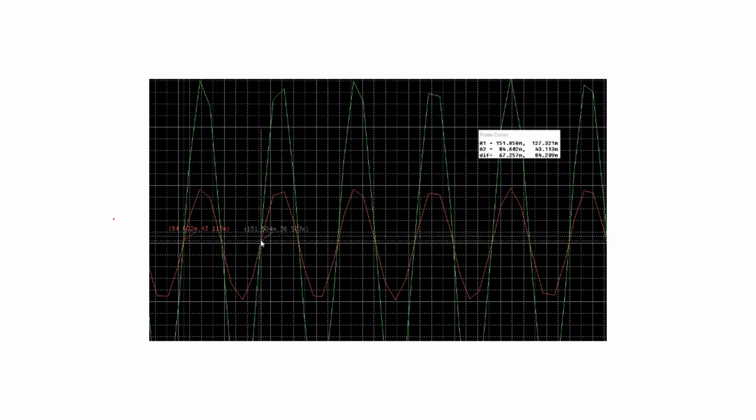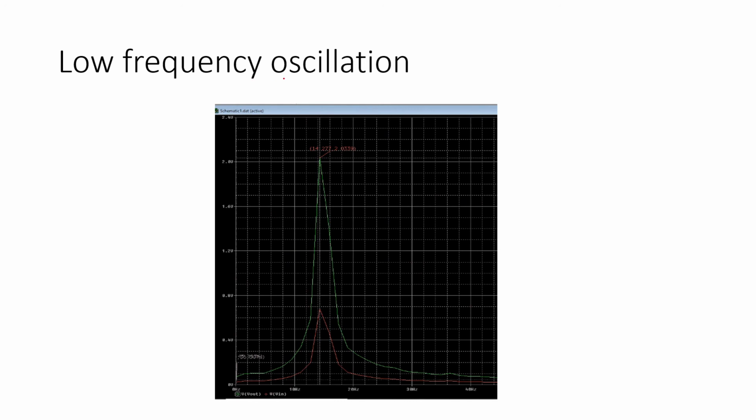From this you can also check the frequency by measuring from one peak, or one complete cycle, or from one peak to another peak. This is t. From t you can calculate the frequency, or you can use the frequency spectrum analysis domain to plot the frequency from here.